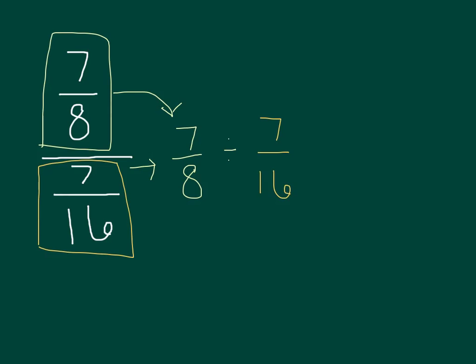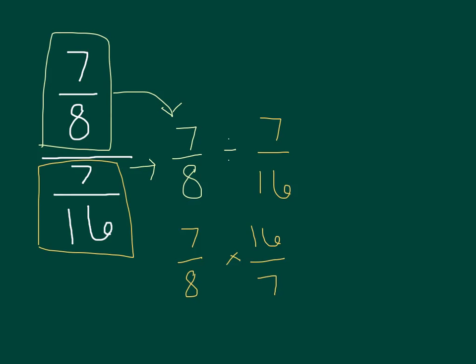So this becomes 7/8 divided by 7/16. I need to follow my rules of keep, change, flip. So this actually becomes 7/8 times 16/7. Now I can solve from here.